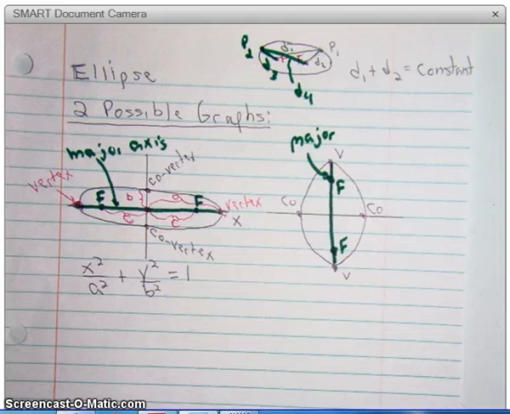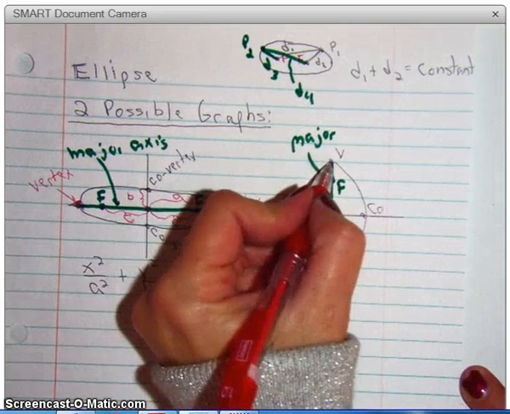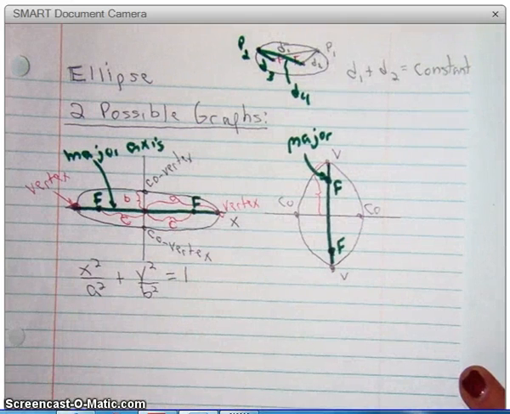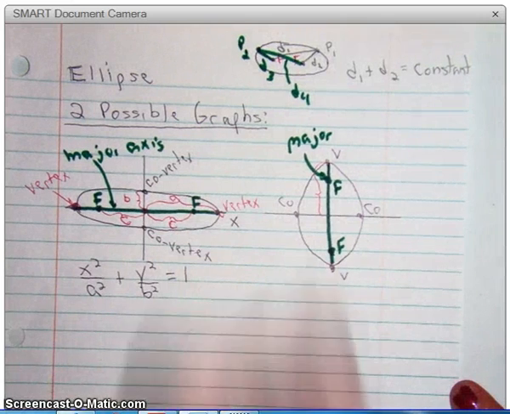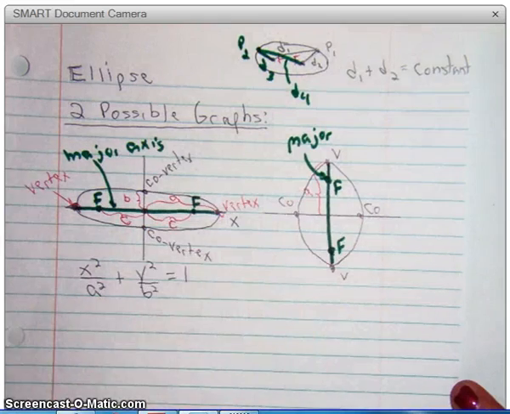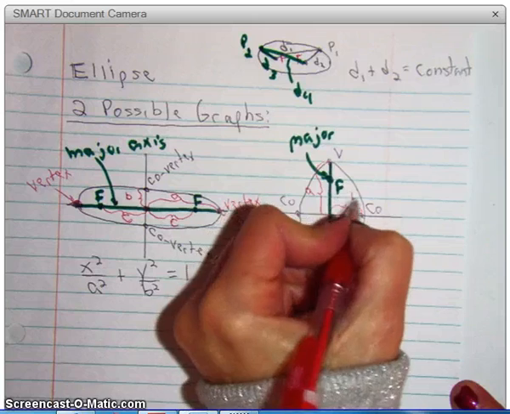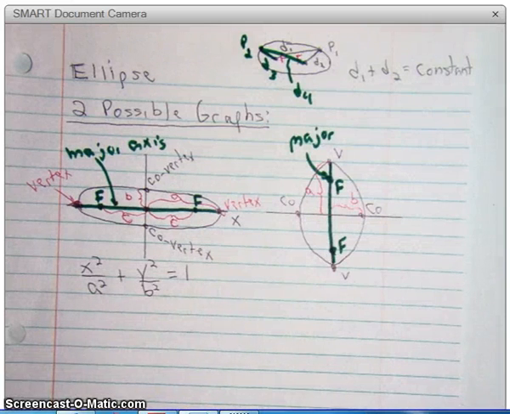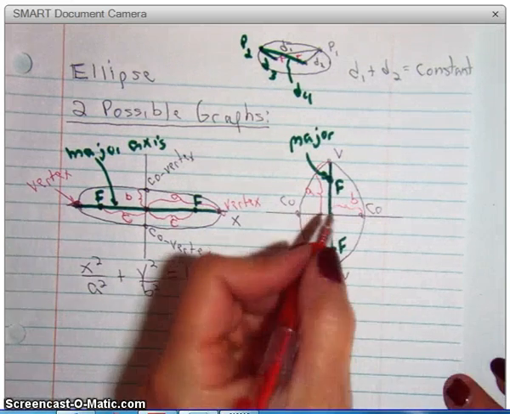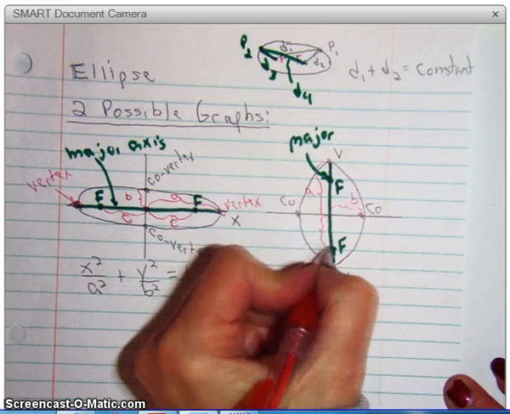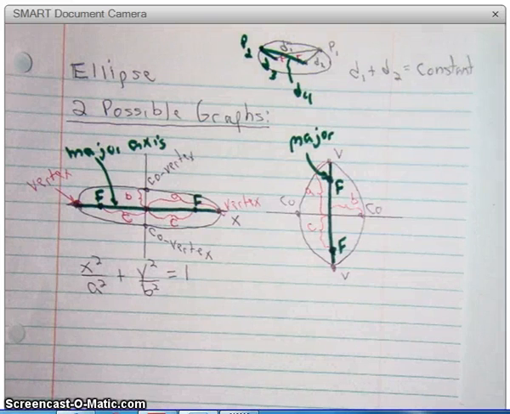So gang, refresh me on this. The distance from the center to the vertex is labeled what letter? A. Center to co-vertex is labeled B. Center to focus, C. Okay?